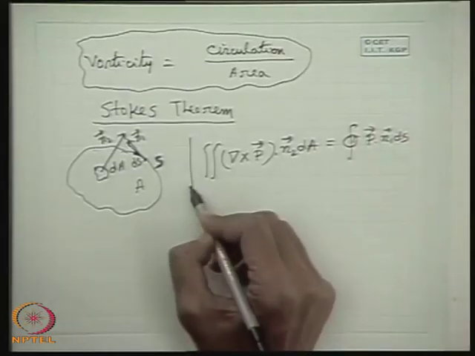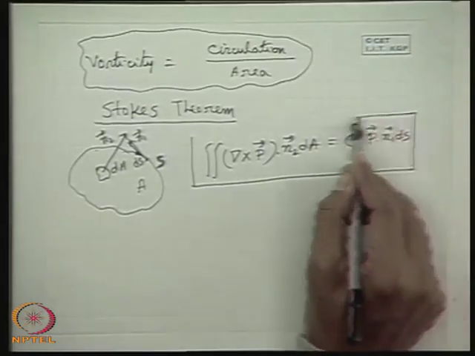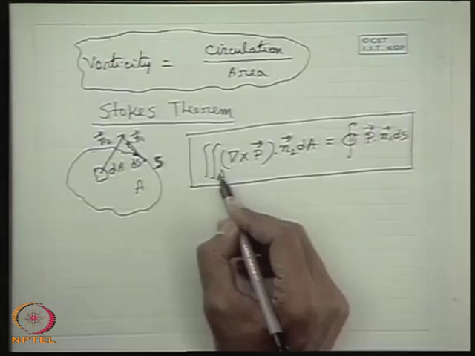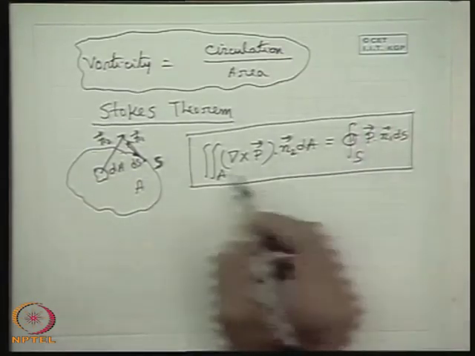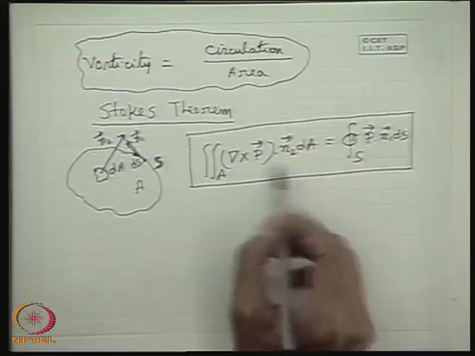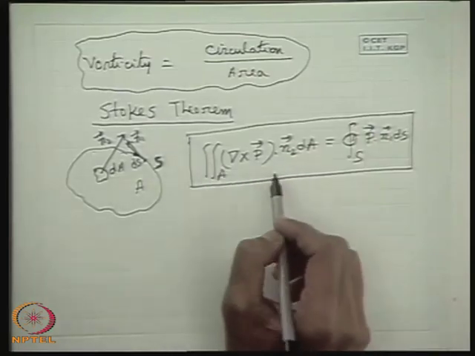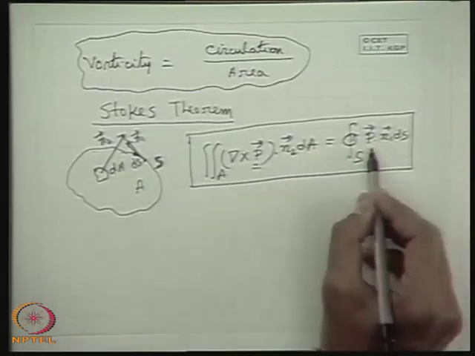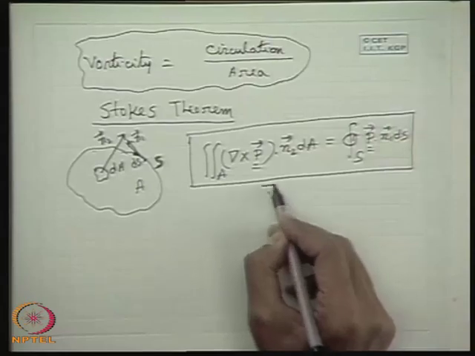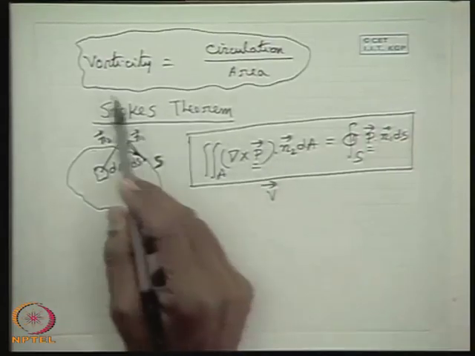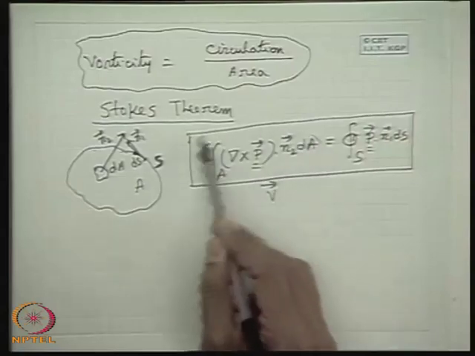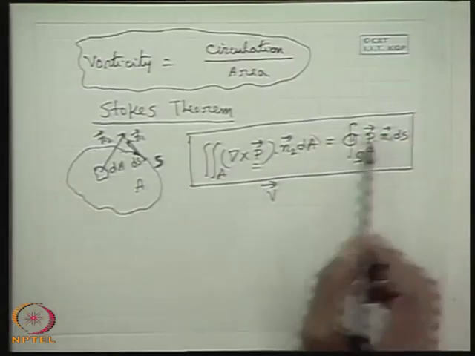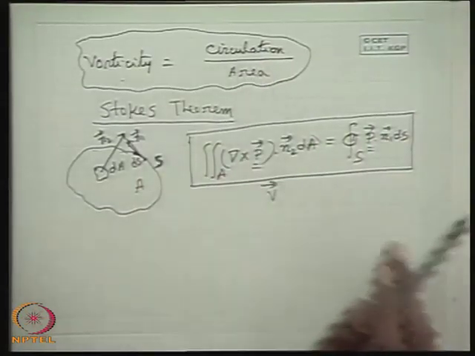So this is Stokes theorem, which relates the line integral over the contour S with the surface integral over the surface A. You have probably read this in mathematics. When vector P takes the velocity vector in case of an ideal flow, the left hand side becomes the vorticity and this is circulation. So vorticity is circulation per unit area.